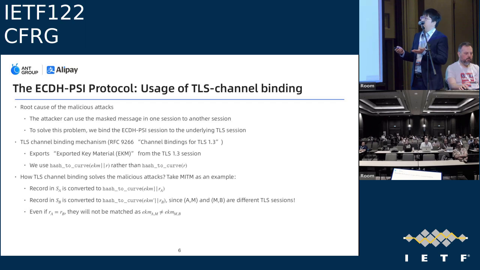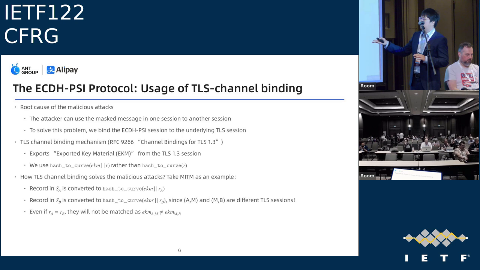To solve this problem, we use the TLS channel binding mechanism, and in our opinion, the root cause of such an attack is that the attacker can use the masked message in one session in another session. So to solve this problem, we bind the ECDH-PSI session to the underlying TLS session by using the TLS channel binding mechanism described by the RFC document of channel binding for TLS 1.3, where we export the key material EKM from the underlying TLS session and use it in the hash-to-curve procedure.